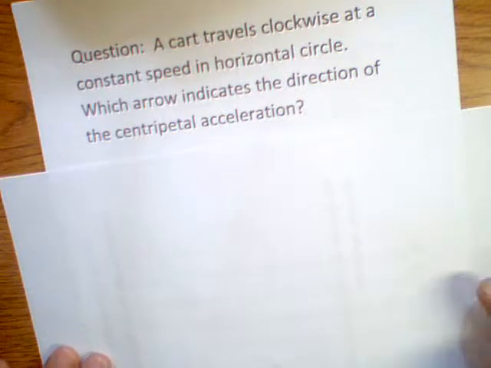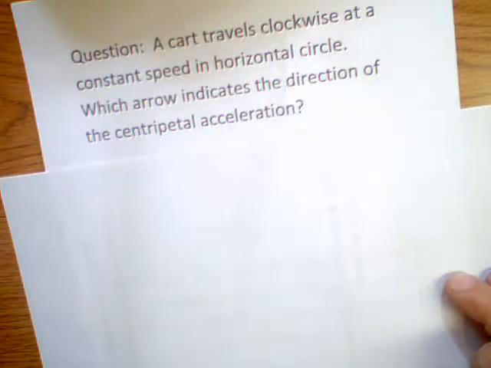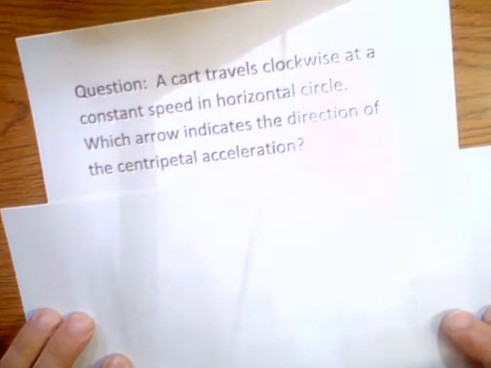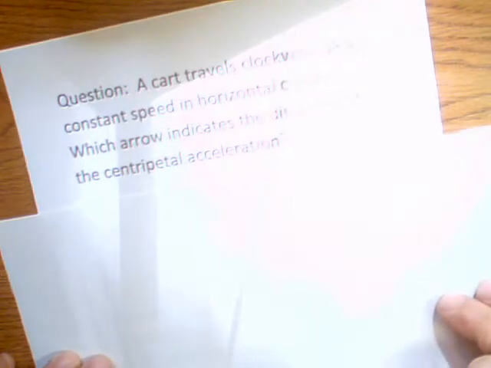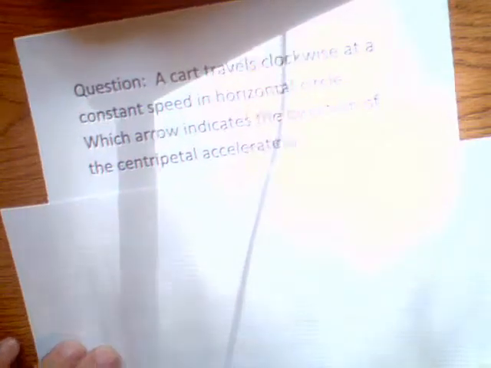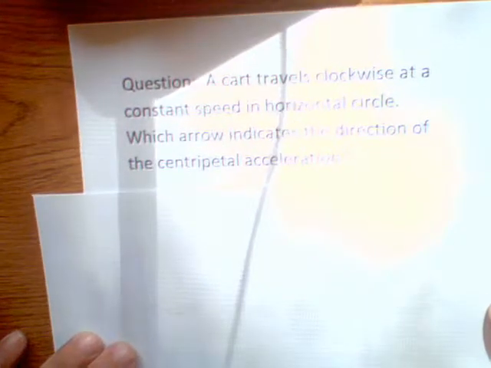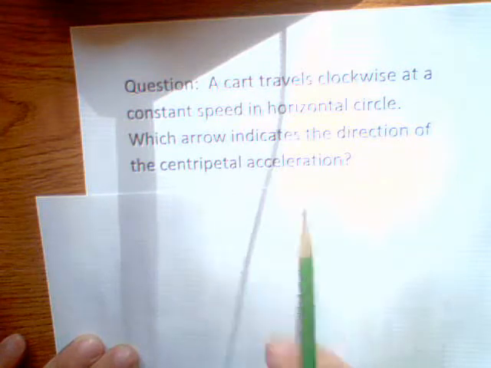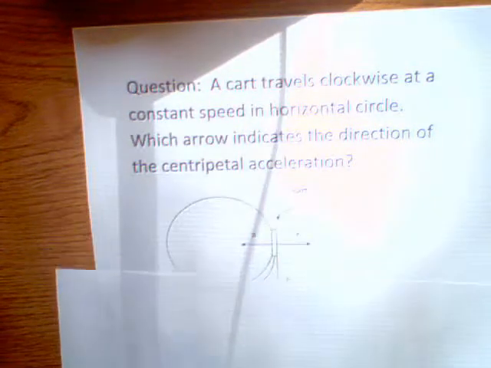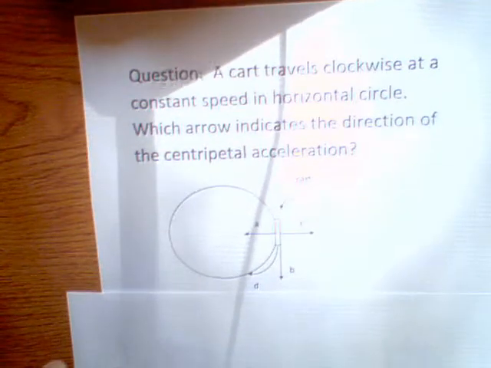So let's take a look at a question. A car travels clockwise at a constant speed in a horizontal circle. Which arrow indicates the direction of the centripetal acceleration? Well, here's our circle.